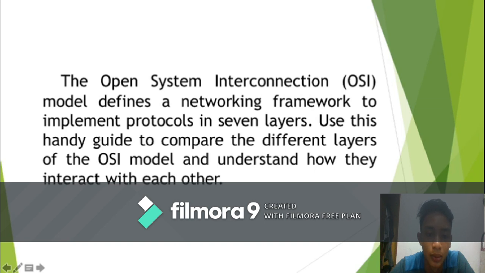For layer 7, as I said a while ago, I'll be discussing each thoroughly. So let's go to layer 7, the application. This layer supports the application and end user processes. When you say application in the OSI model, it is layer 7.